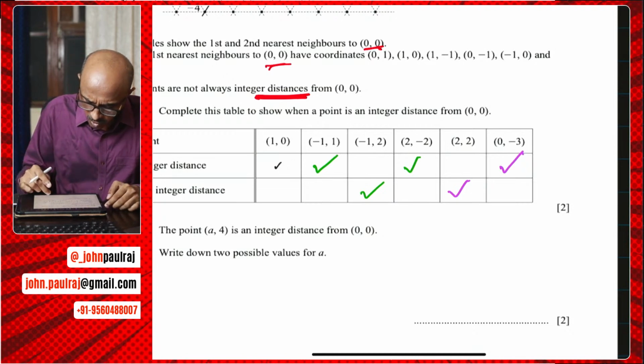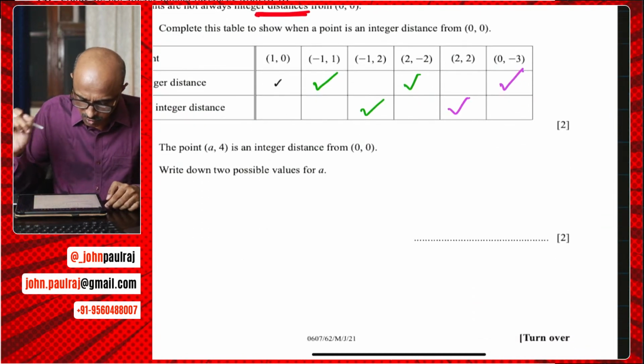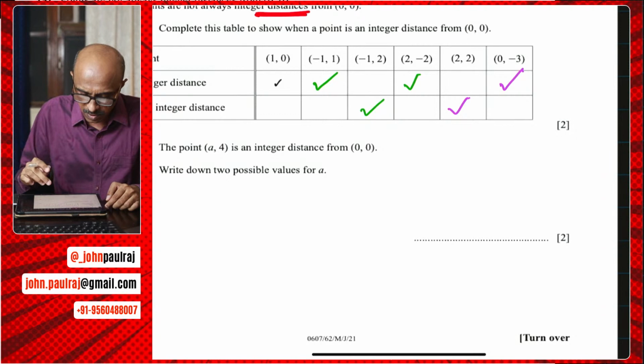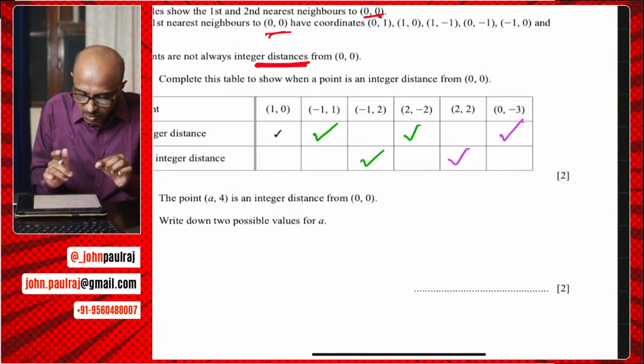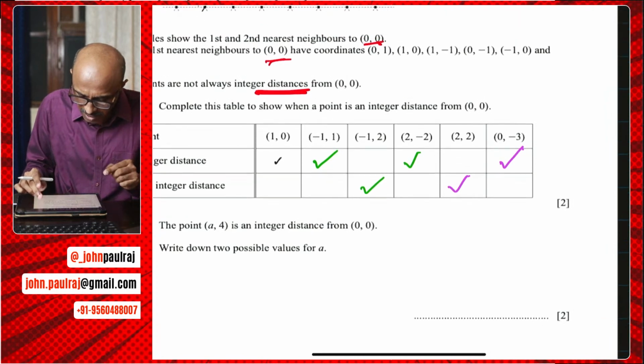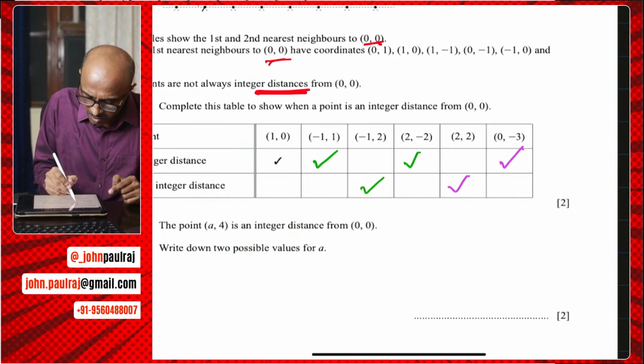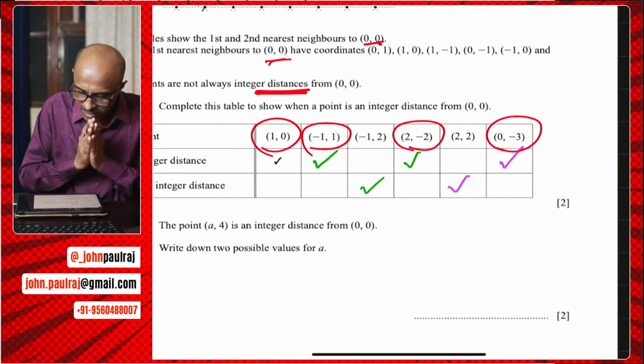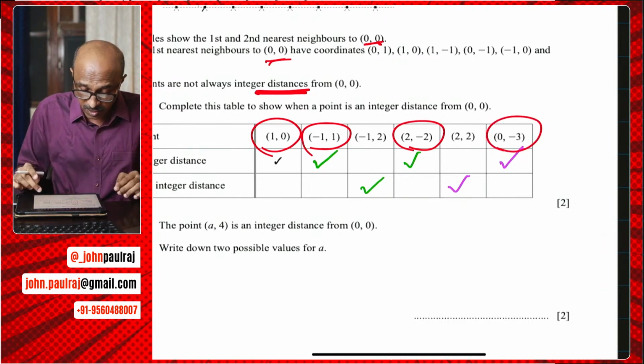The point A comma 4 is an integer distance from 0 0. Write down two possible values for A. Now A comma 4 is at an integer distance, they've said. So let's look at the coordinates of the points that are at integer distance. Which are the ones? We've got this one, this one, this one, and this one. Let's see what we can tell from those.